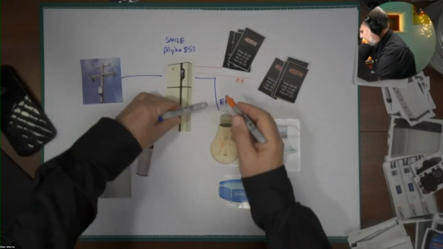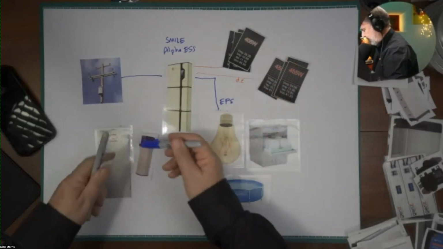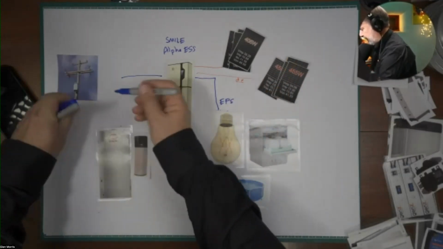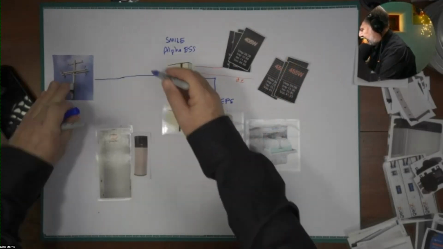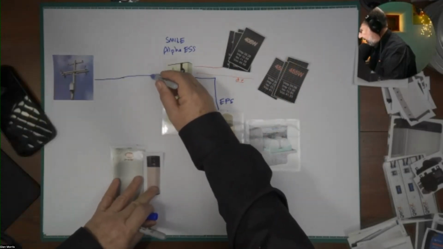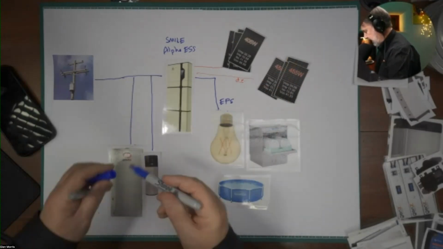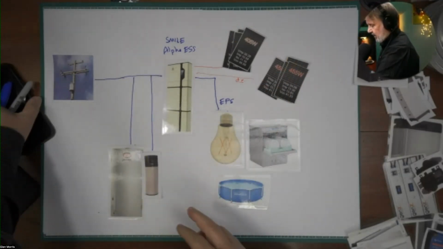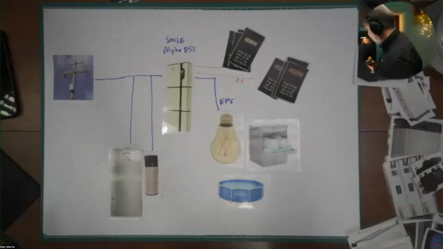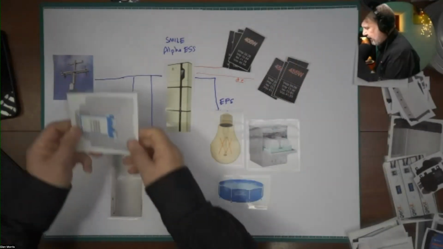And we've got some loads which are on the grid side. We've got some loads which are on the grid side, which aren't backed up if the grid fails. But they are being supported in the sense that there's an energy meter. It's a bit big.